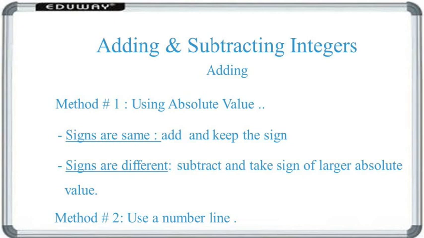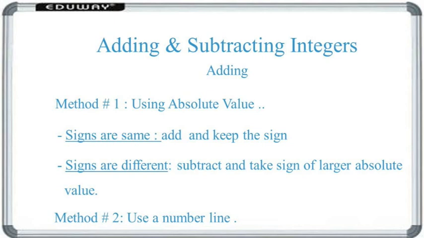If the signs are the same, you need to add the absolute values of the numbers that you have and keep the sign the same. The other rule you need to remember is if the signs are different, you want to subtract the absolute values of the two numbers and take the sign of the larger absolute value.